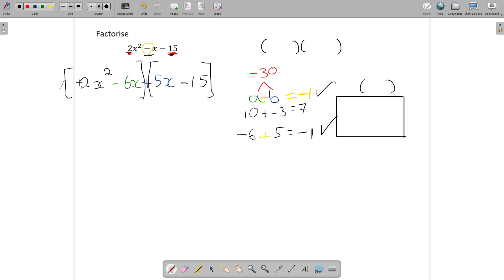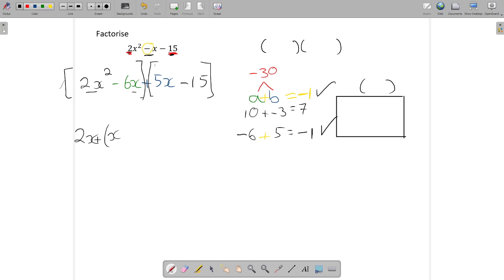Here's where it gets interesting. I can now take out a common factor from these two terms. What's the highest common factor I can take out? 2x looks like. So if I take out 2x from the first bracket, what will be left in my bracket will be x, because if I multiply it back it must give me that term.